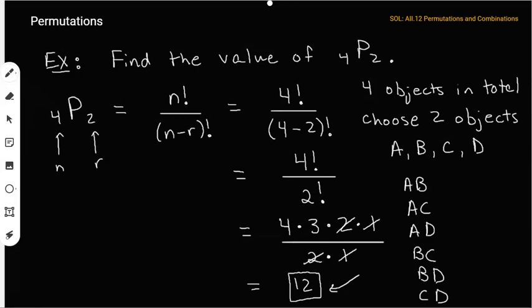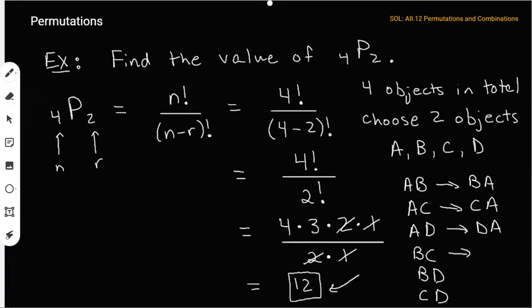Now I can switch the order around so that I can find the last 6 combinations. So if I switch the order around for AB, I'm going to get BA. If I switch the order around for AC, I'm going to get CA. And if I switch the order around for AD, I'm going to get DA.